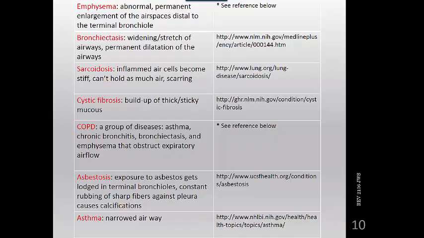Sarcoidosis is inflamed air cells that become stiff and they can't hold as much air. It's akin to scarring. Cystic fibrosis is a buildup of very sticky, thick mucus. COPD is a group of diseases, includes asthma, chronic bronchitis, bronchiectasis, and emphysema that obstruct expiratory airflow.